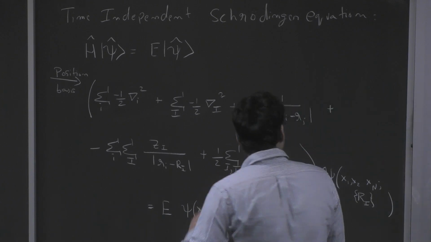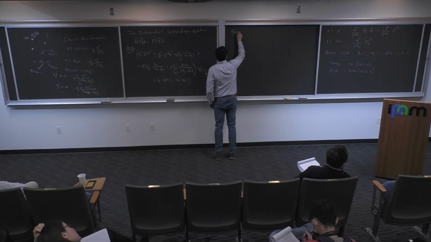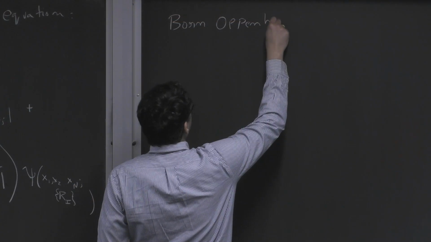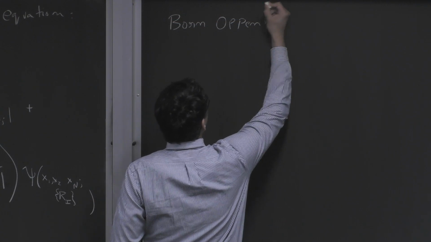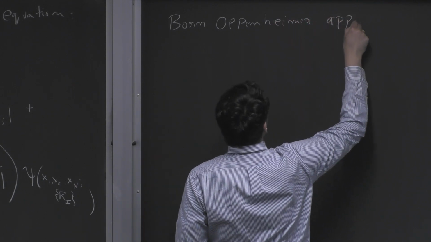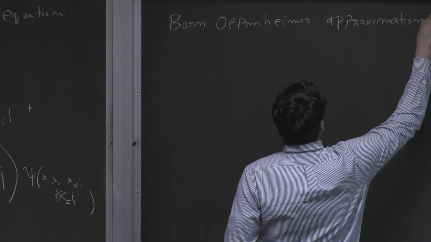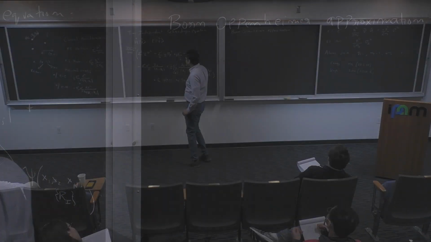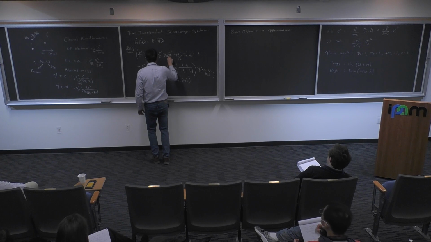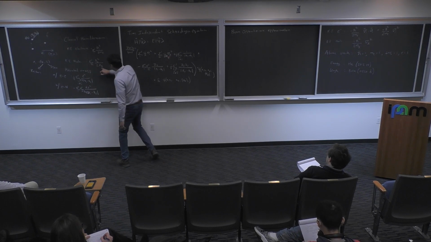Now, it's common in electronic structure calculations to do what is called the Born-Oppenheimer approximation. I'm missing an M_I here, so there should be an M_I over here.